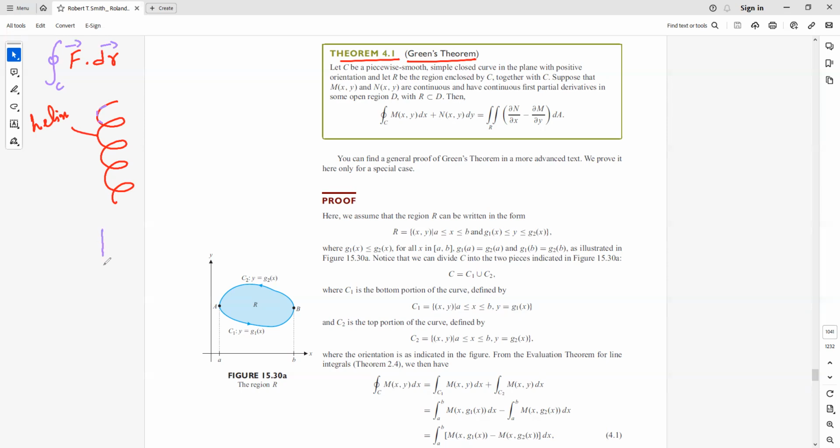For instance, if we have a curve in this direction, and then we have a line in this direction, and then we have some curve like this, and then for instance we have a curve like this, right?